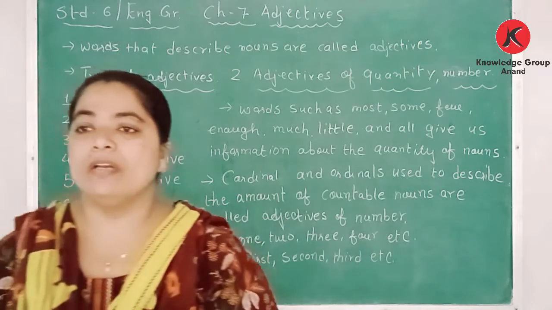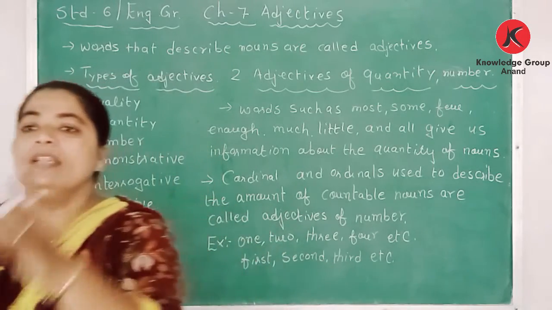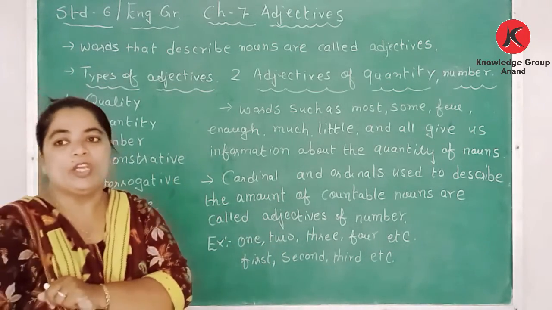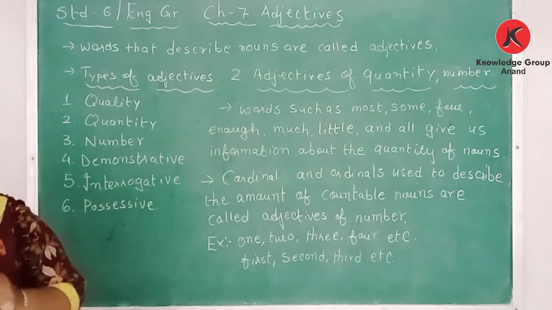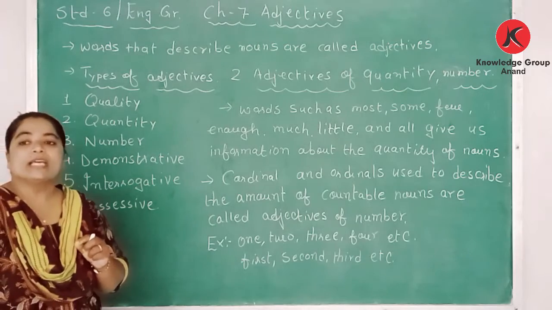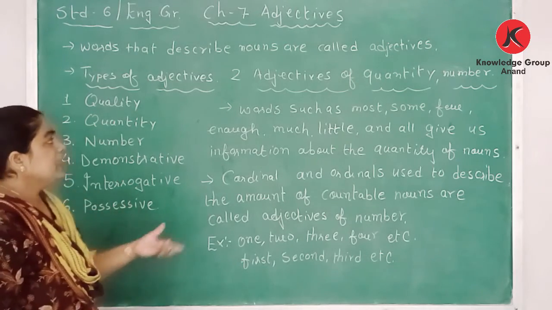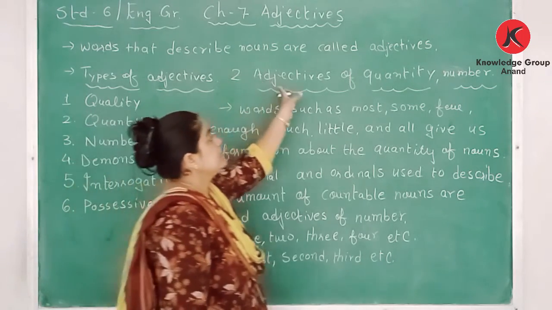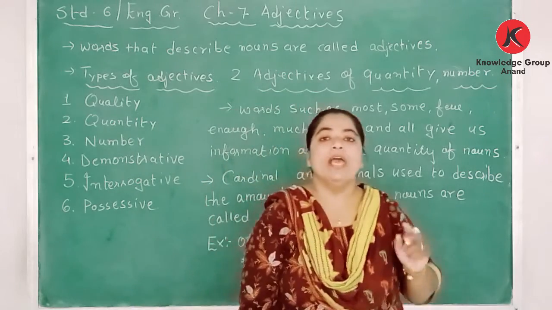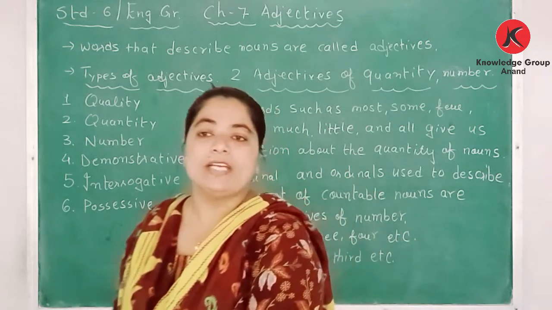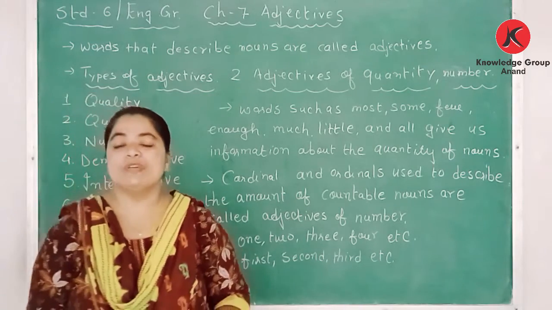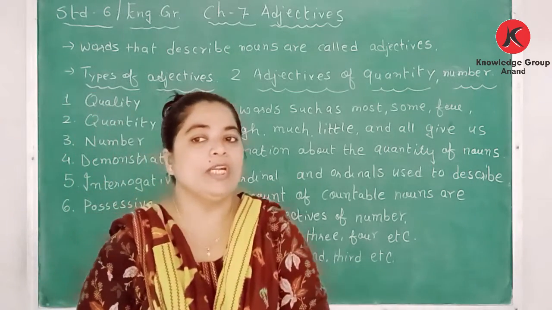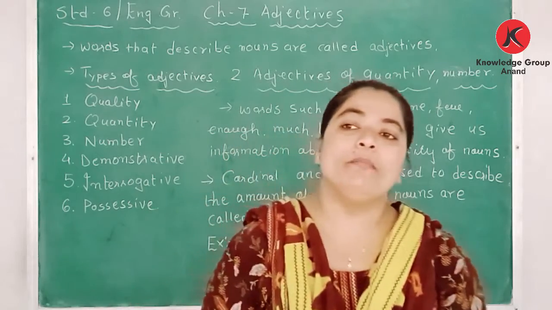We learned that some words give information, like the word enormous, which describes the noun. The second one we have learned is adjectives of quantity and number. So in today's class, we have learned three types of adjectives: quality, quantity and number.